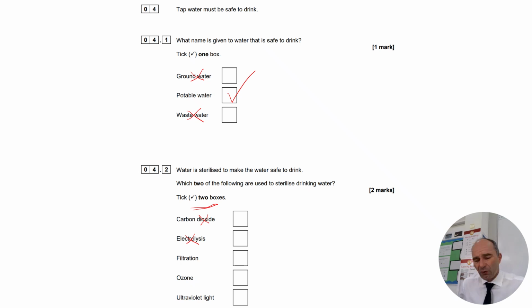Filtering, the water should have been filtered already. That's not good enough to actually fully sterilise the water. That would just take some big lumps out of it, which means we're left with ozone, which is definitely something that's used to sterilise water, and so is UV light. So it's those bottom 2 answers. Remember, you need to tick 2 boxes, then you're going to get 2 marks.